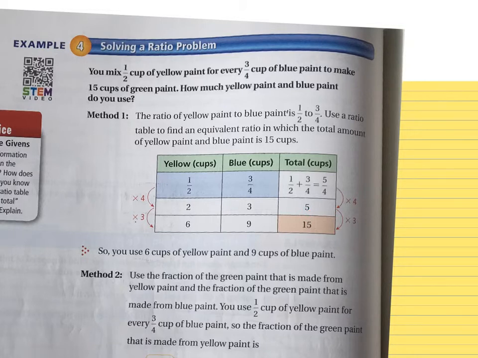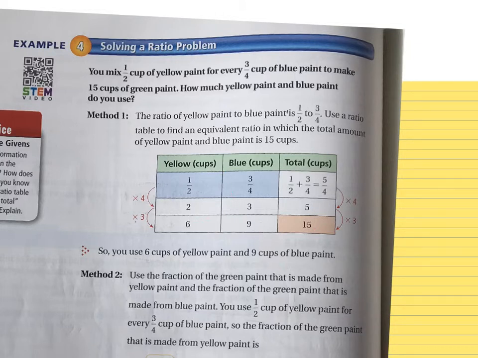They want to get to 15 cups, so they multiplied by 3, and they got 15. When they multiplied by 3, they had to multiply everything by 3 so you could figure out what you needed. 3 times 3 is 9. 3 times 2 is 6. And that way they had a total amount. They used 6 cups of yellow, 9 cups of blue. They had a total of 15 cups.